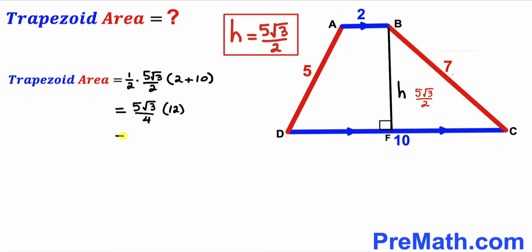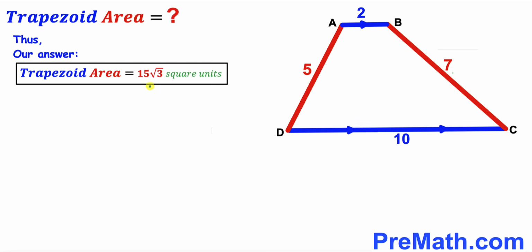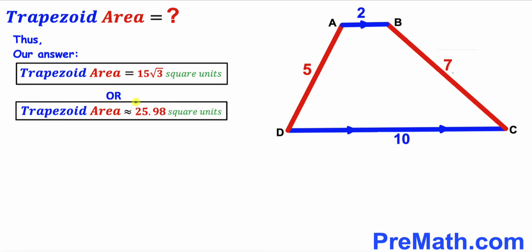If we simplify and multiply, that gives us 15 times square root of 3 square units, the area of this trapezoid ABCD. So after all the calculations, the area of the trapezoid turns out to be 15 times square root of 3 square units, approximately equal to 25.98 square units as well.